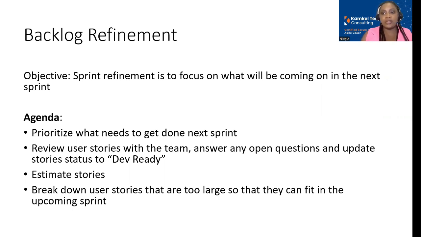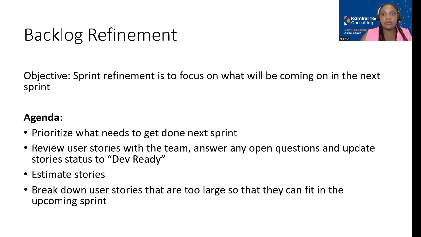The product owner is probably the person who is going to facilitate that meeting. The Scrum Master can also facilitate the backlog refinement call, but you need the product owner on the call to help identify the priority of the stories that are going to be coming up in the next sprint.